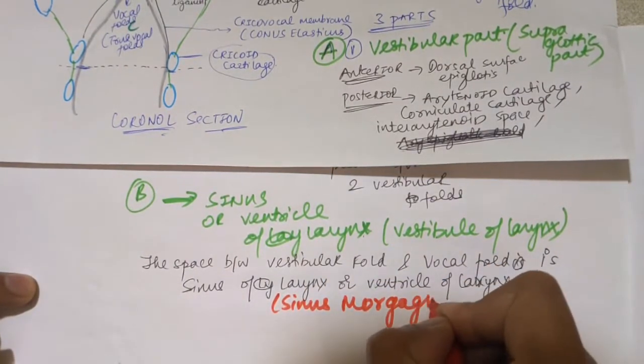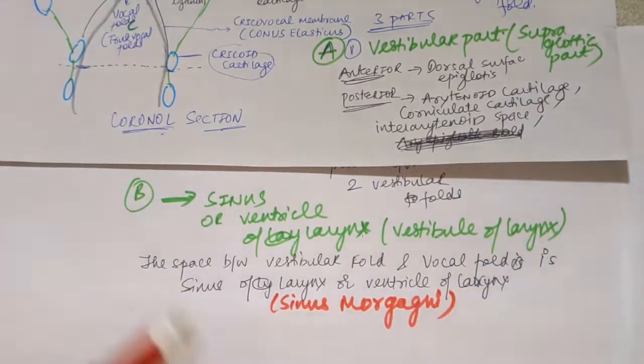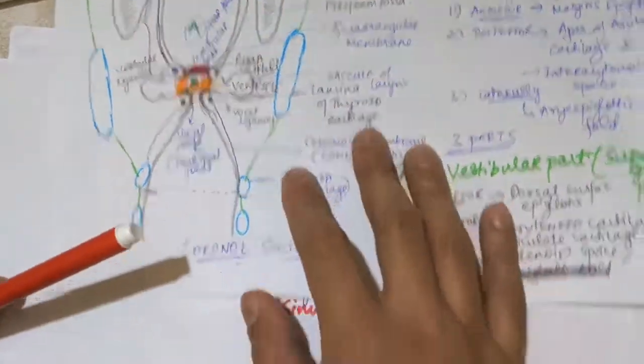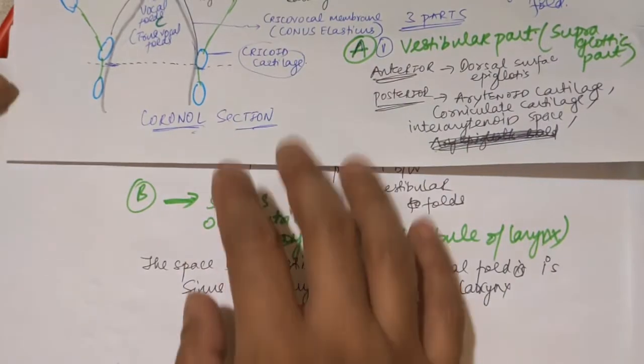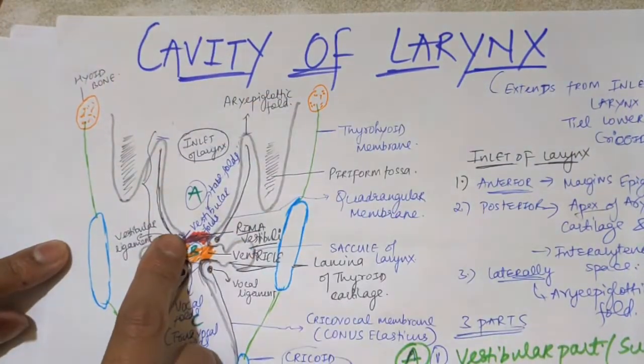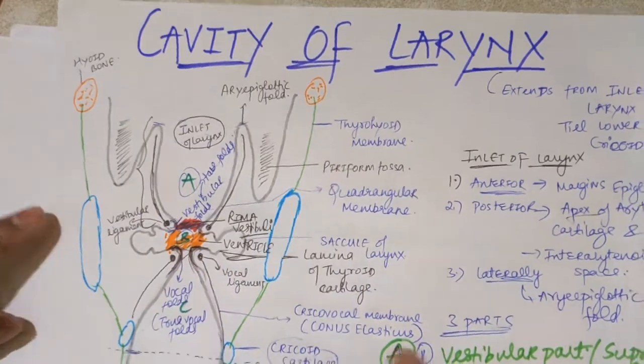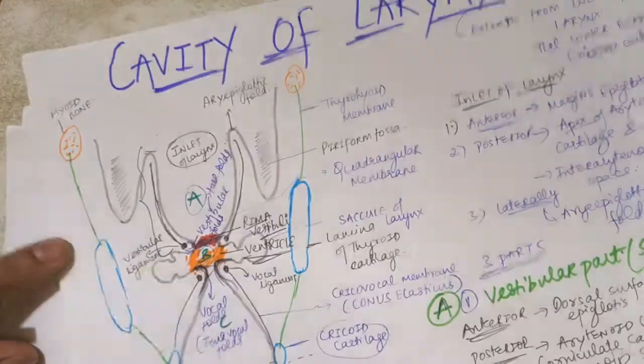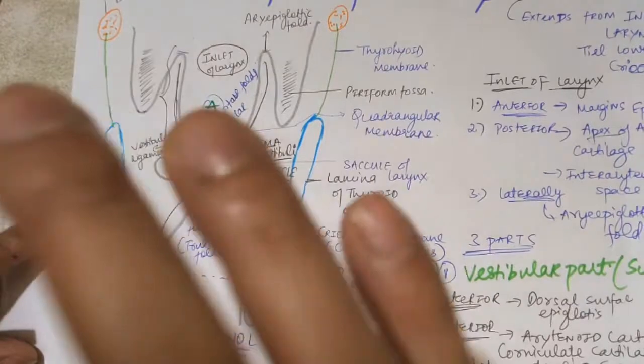This A part, the vestibular part, extends from the inlet of larynx till the vestibular folds, and this second part, B, the sinus, is present between the vestibular and vocal folds.